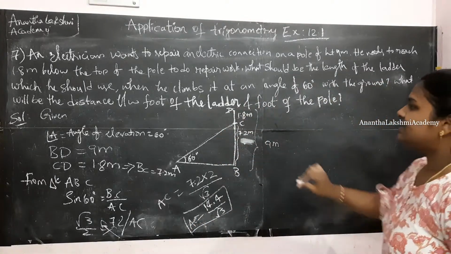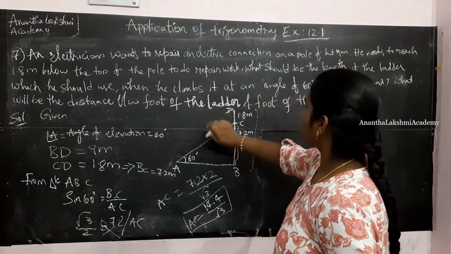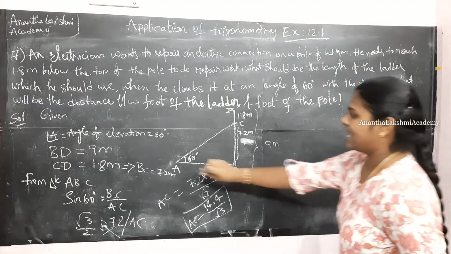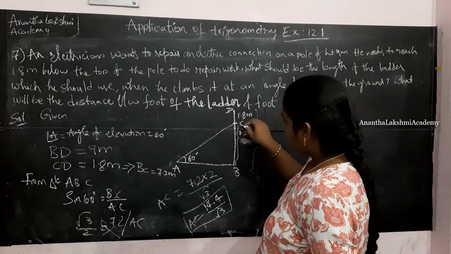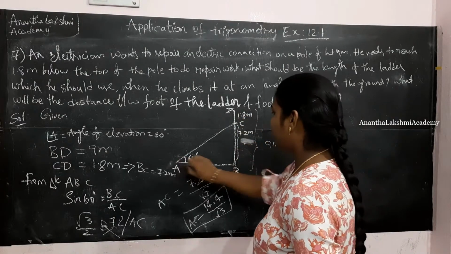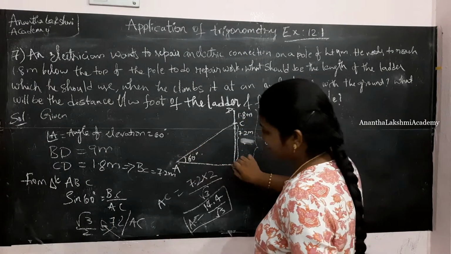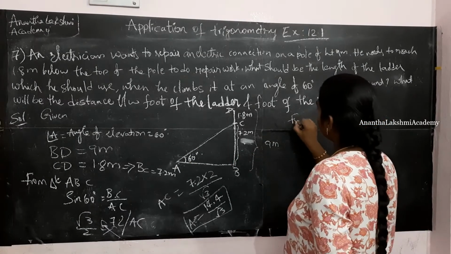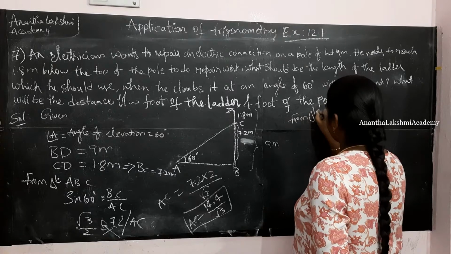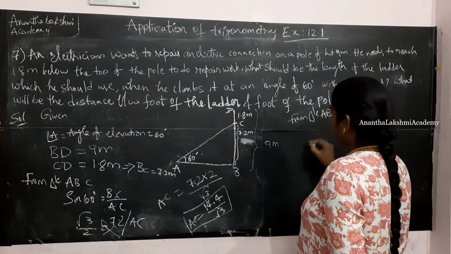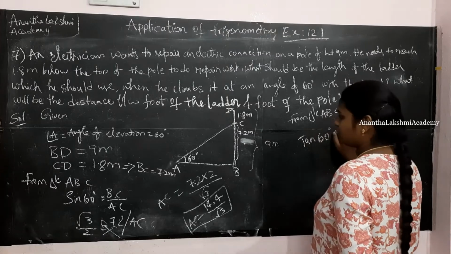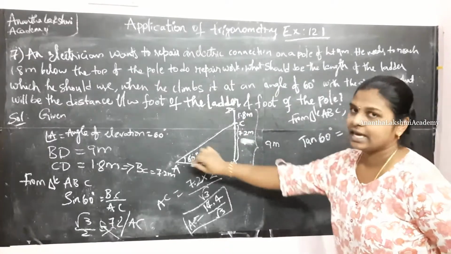Okay. Next, what is the thing we need to figure out? What will be the distance between foot of the ladder and foot of the pole? AB. We know opposite, we know angle, we just need adjacent. Which one we could use? Tan. From triangle ABC, tan 60 is equal to BC by AB.